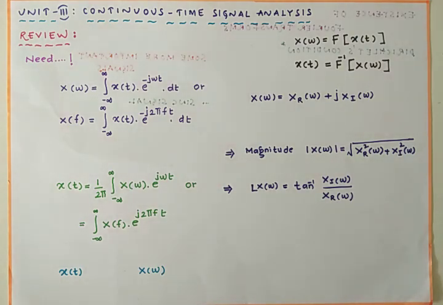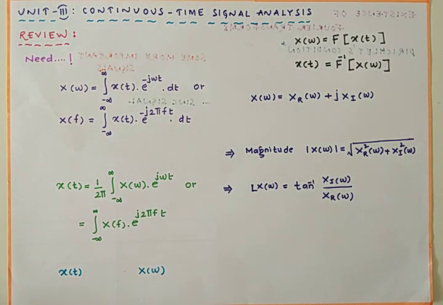The analysis of a signal is far more convenient when it is represented in the frequency domain. This is a very, very important point. So that is the importance of the Fourier transform.